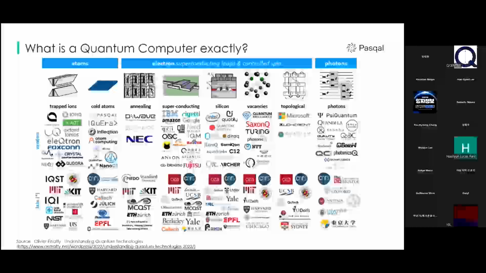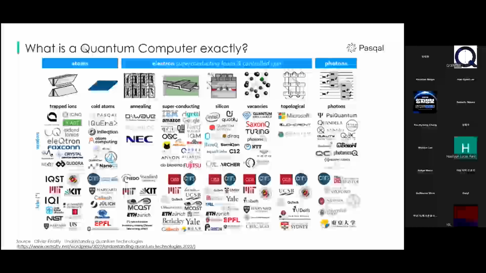There is a lot more flexibility when you base your unit of information on an electronic state, in a sense. I think that most of you have heard at least about the superconducting type quantum computers, being that this is one of the first type of quantum computers that appeared, historically speaking, and this is one of the more developed technologies, but this is not the only viable option for an electronic type quantum computer.